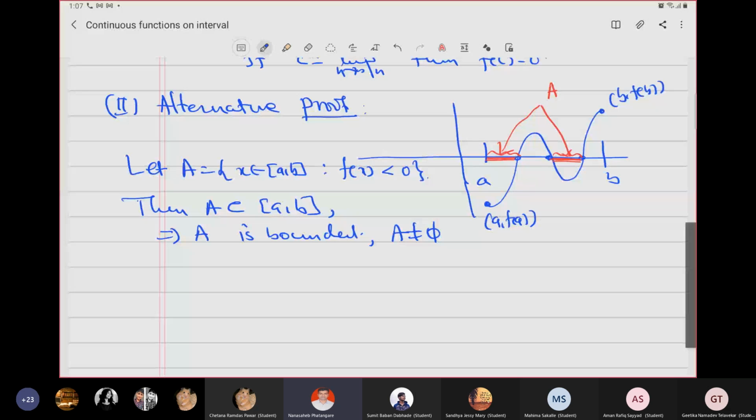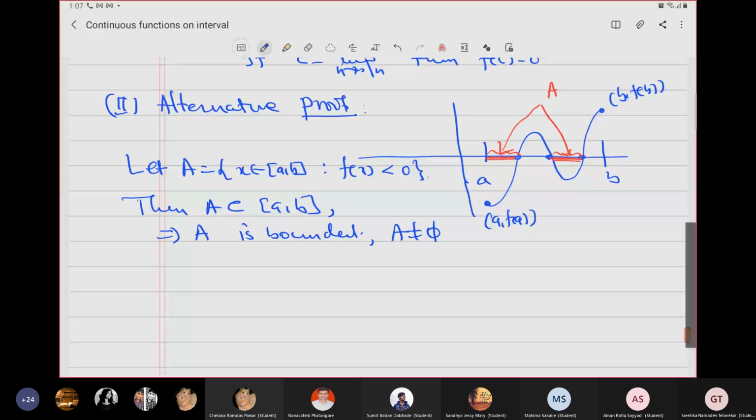Can you tell me at least one element in this set, irrespective of this graph, from the conditions in the statement of the theorem? Yes, f of a times f of b less than 0. No, f of b is not less than 0.